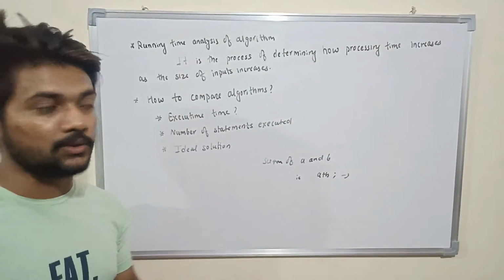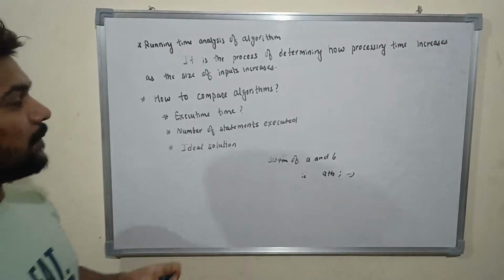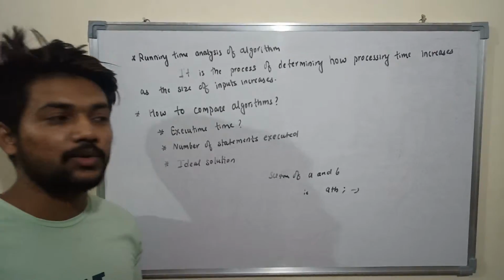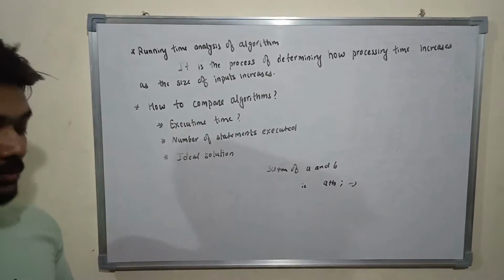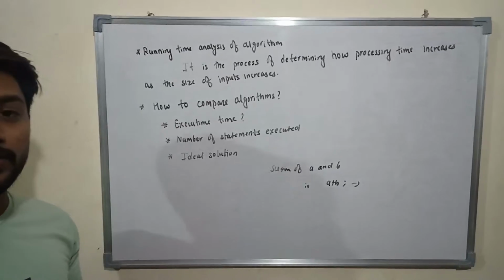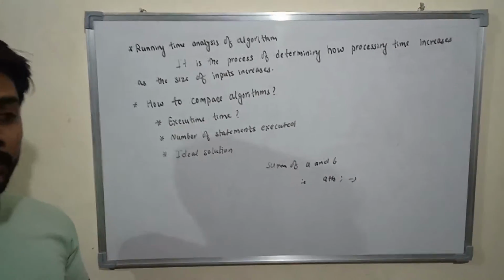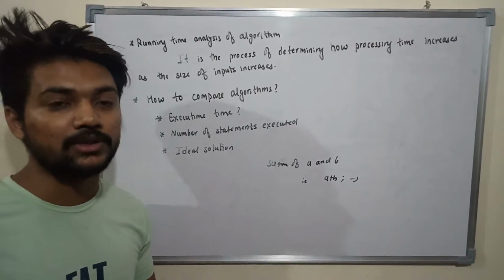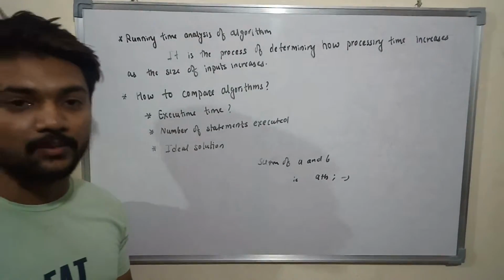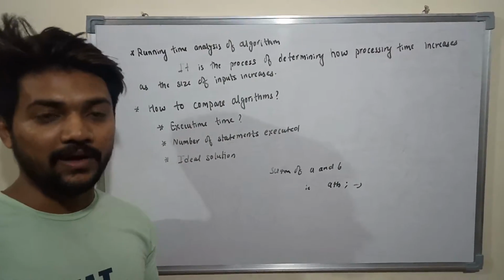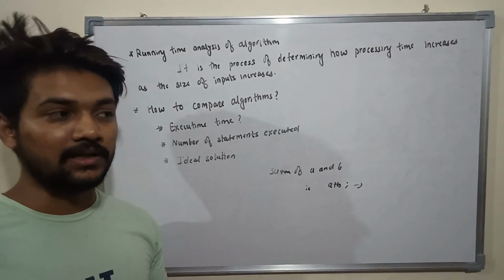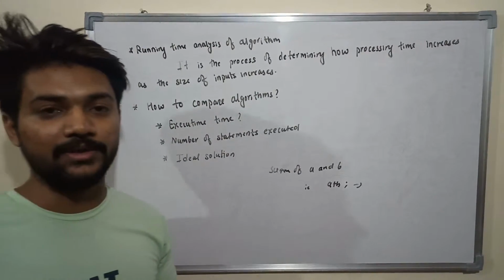In this way we will analyze the processing time, how an algorithm performs for computing the summation of the n number of inputs given by the users. That will depend on the type of algorithms and the way they implement the algorithm.